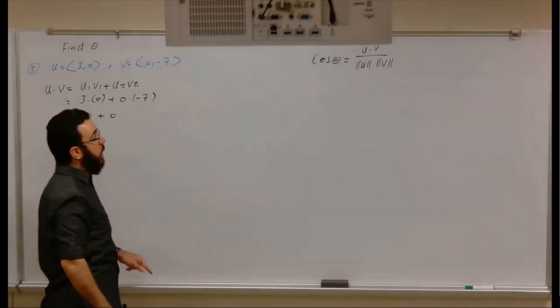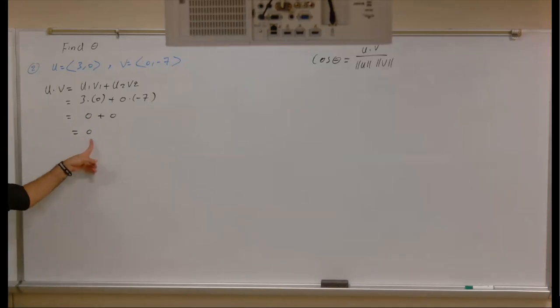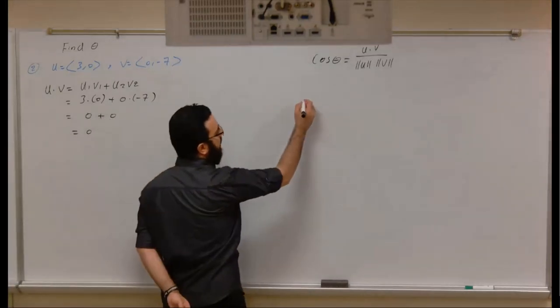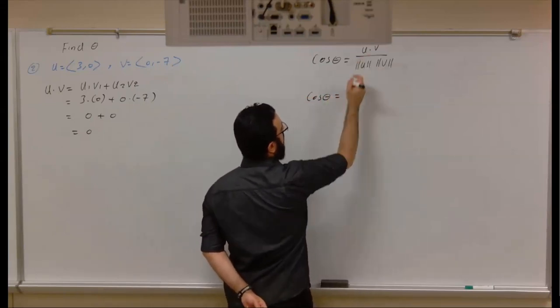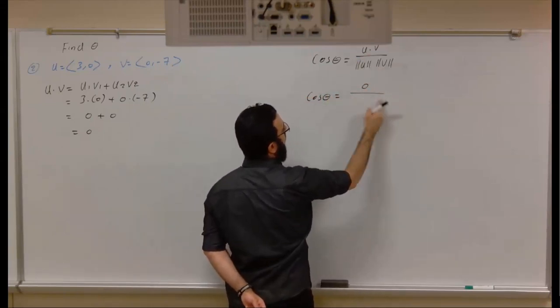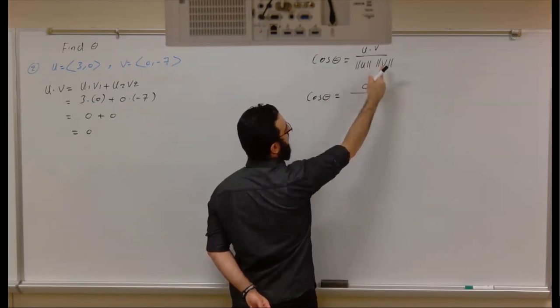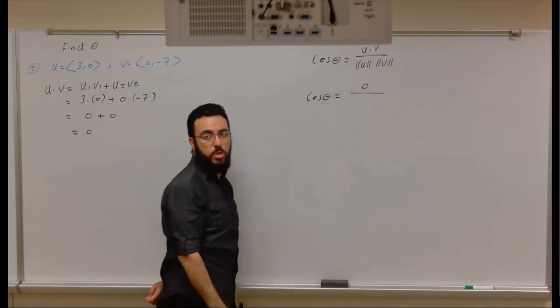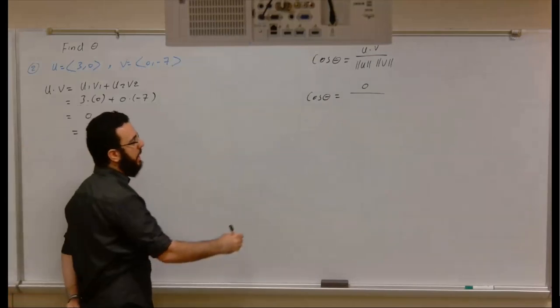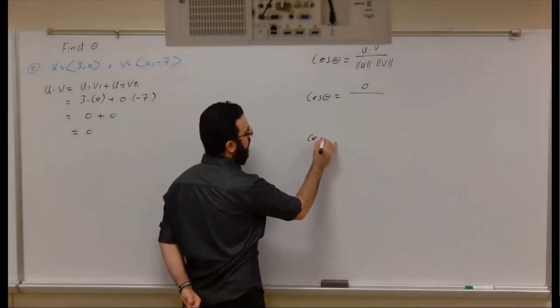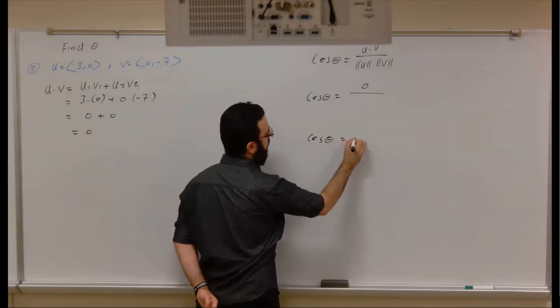It's 0, because the dot product is 0. That means if I plug in, cosine theta equals the dot product, which is 0, over the length of u and length of v, which are numbers. 0 divided by numbers is going to be 0. That means it's only cosine theta equals 0.